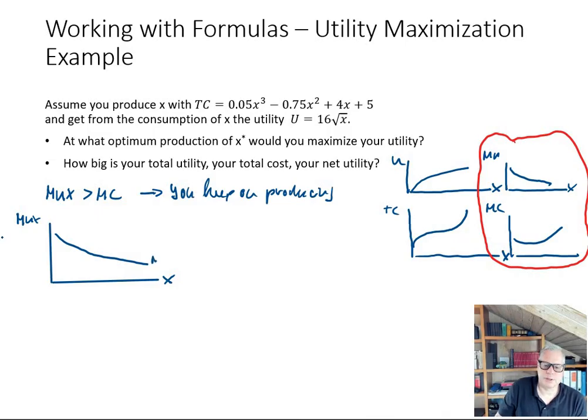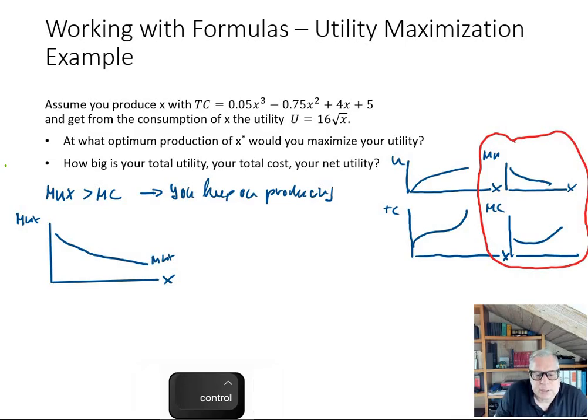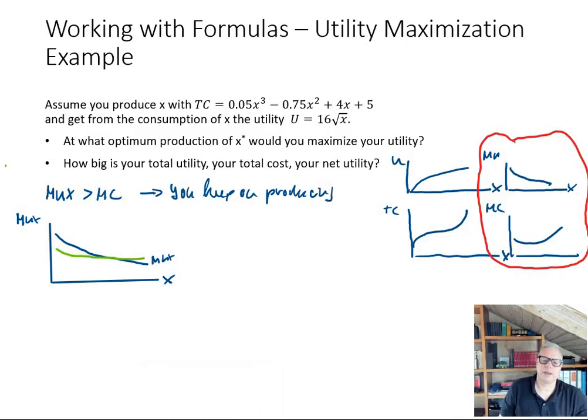That's the marginal utility of X. And maybe the marginal cost, let's give it a different color, maybe green, looks maybe something like this. Maybe I draw it more drastically. Okay, and then it goes maybe up again.